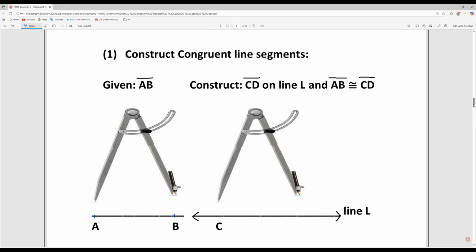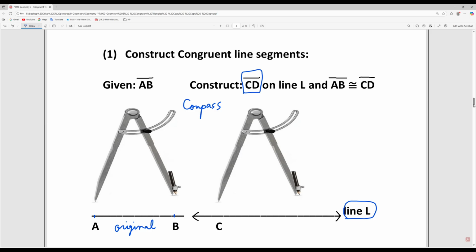Here I call it AB, and I try to use a compass to construct CD on the line L. If you want to construct something on top of the original AB, you can do that after the class.